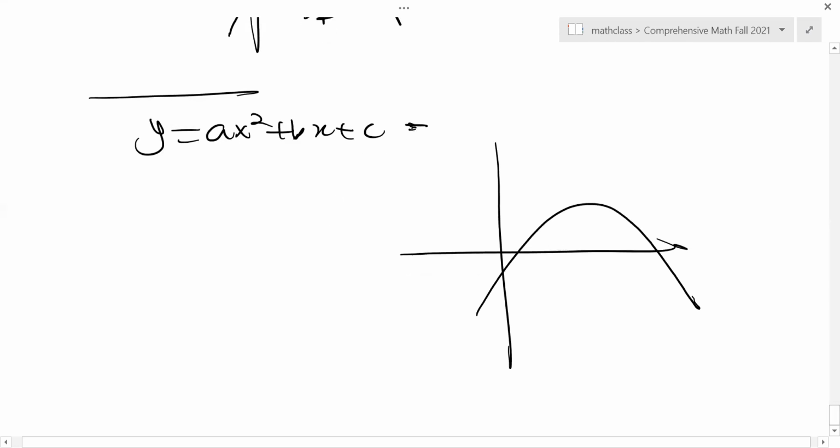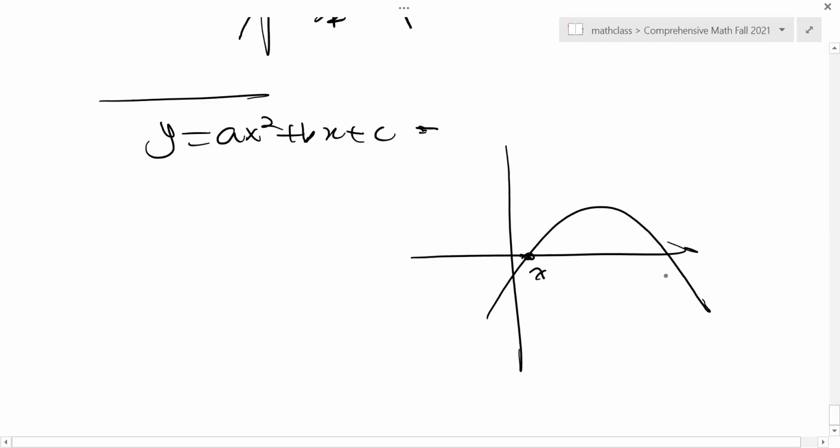This is called the x-intercept. How do you find the x-intercept? If you already know x1 and x2, then this function can be written in this form.